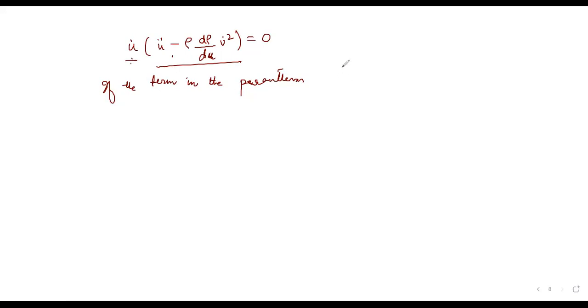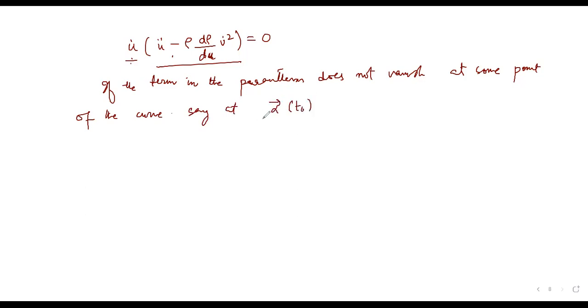So for now, suppose the term in the parenthesis does not vanish, suppose it never vanishes at some point of the curve. Then this will happen, because alpha is continuous, right? It's a differentiable curve, so it's a continuous function of t, say at alpha at t naught, a point on the curve, which is the image of t naught, which would be the same thing as r at some u naught v naught.